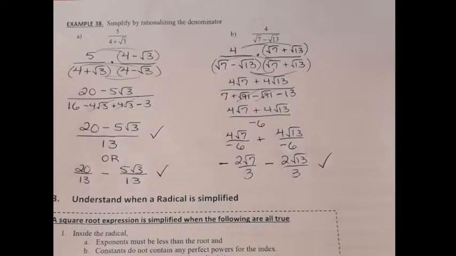Okay, very cool. That pretty much covers your operations on radicals. So to recap, when you add or subtract radicals, they have to be completely alike, right? They have to have the same root and the same radicand. They also have to have the same variables if there are any attached. It's got to be completely identical.